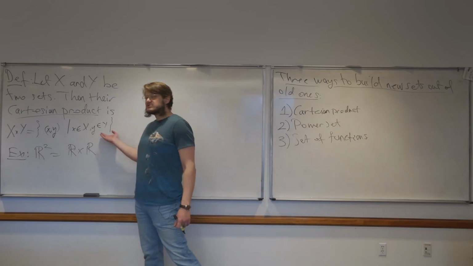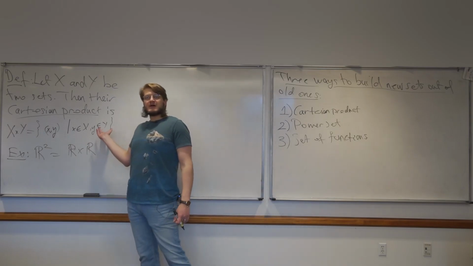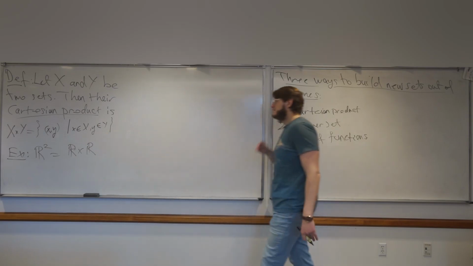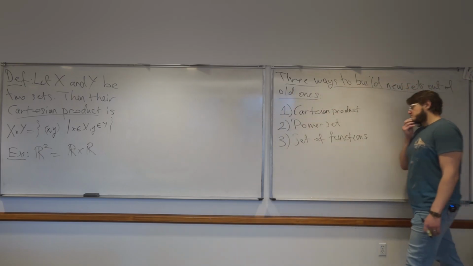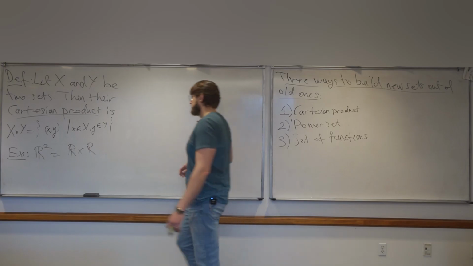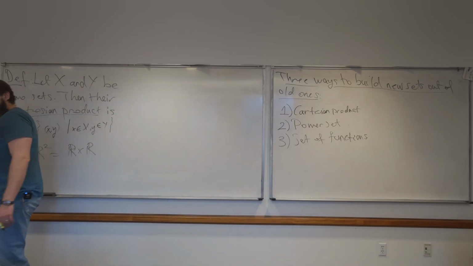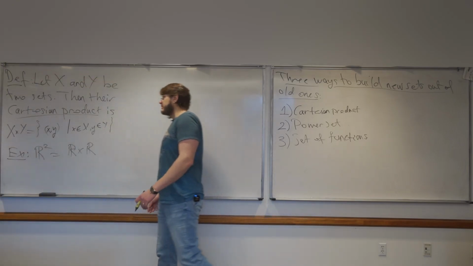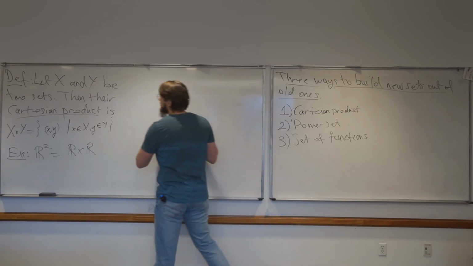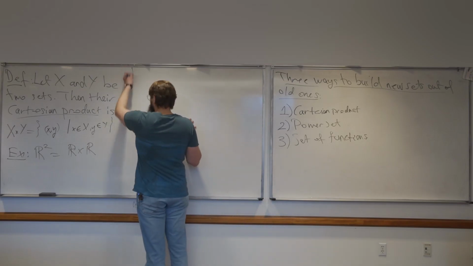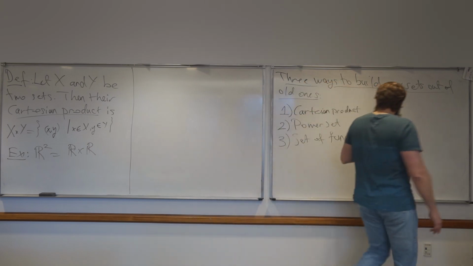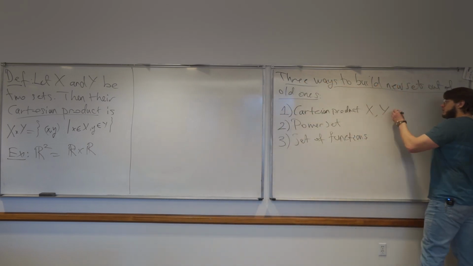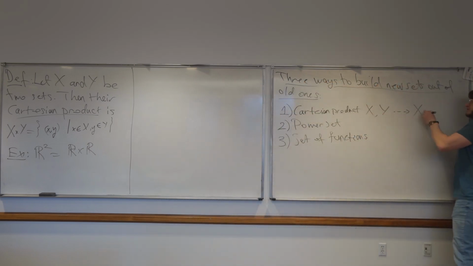Any comments or questions about this? I know that this week has been more abstract stuff. Starting from next week, we're going to really specialize on the types of objects we're looking into. That's the first method, Cartesian product. If you have x and y, that gives you x times y.